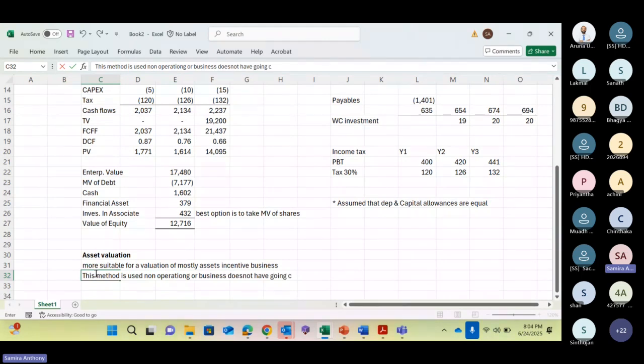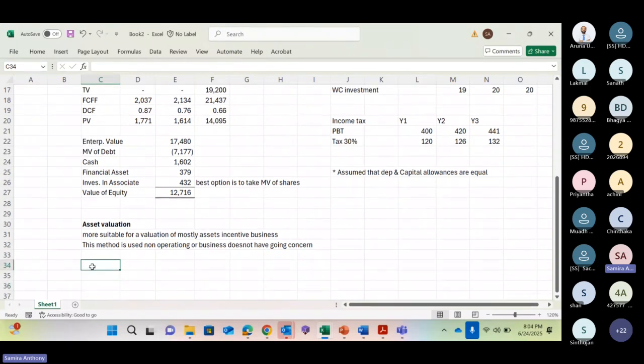Then you can value the assets and buy the company. Say there is a company with no operations, but they have assets. Then you can value the assets and buy the company, right? There is no going concern, therefore you will value the assets and buy the company. At that time, mostly asset-based companies you can buy using the asset valuation method.